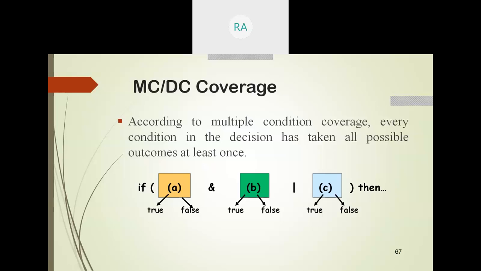Whenever you are dealing with Boolean expressions or Boolean conditions, there are only two possible outcomes: either true or false, on or off, 1 or 0. That's how these three things are assuming the values. A, B, C are not merely Boolean variables. They can also be compound conditions or simple conditions.